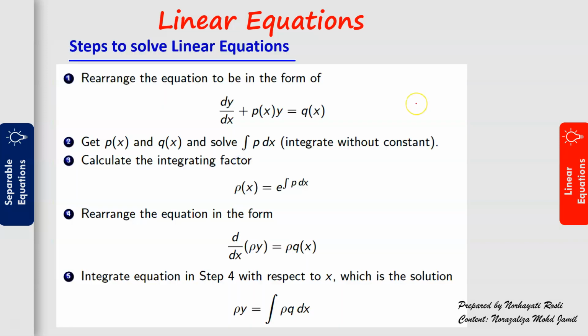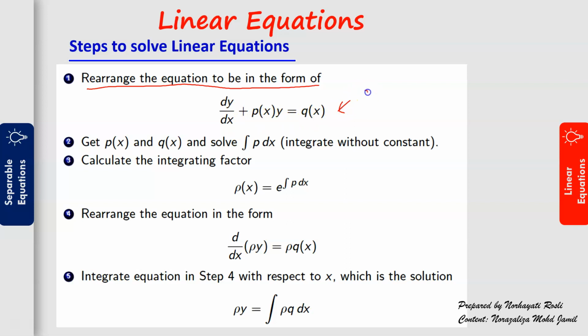Now class, when we have the equation in terms of a linear equation, there are specific methods to solve that linear ODE. These are the steps to solve linear equations of ODE. The first step, it is very important for you to rearrange the equation in the form of dy/dx plus P(x)y equal to Q(x).